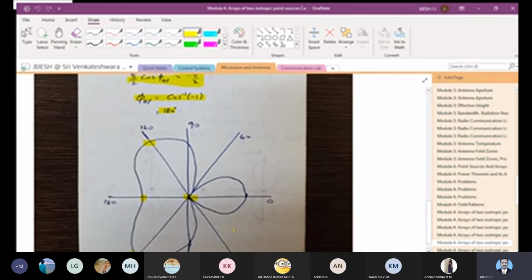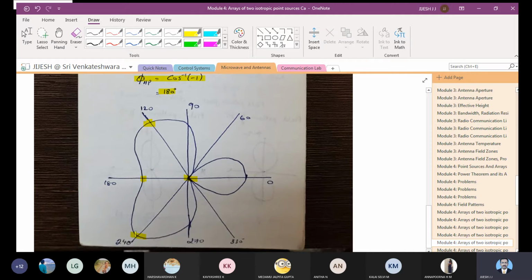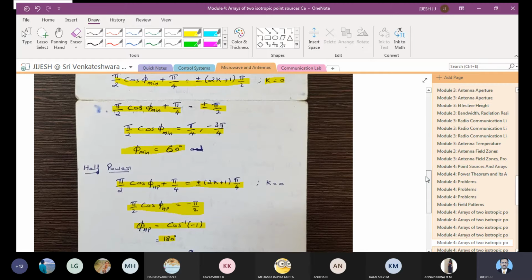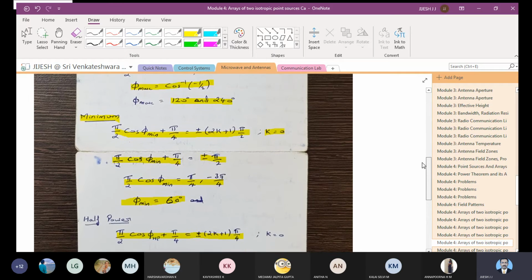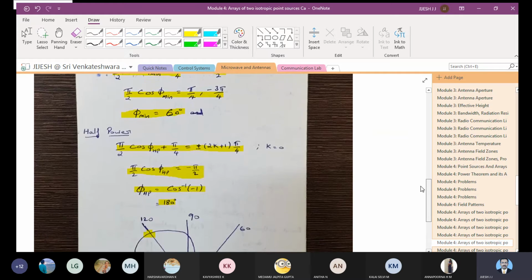So you can say that the minimum value is at 180 and 0, and the maximum value is at 120 and 240. Then you get the half power values at 180 degree. So here the minimum is at 60 degree, then maximum is 120 to 240, and half power is 180.